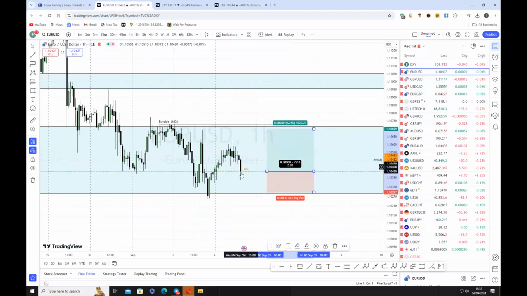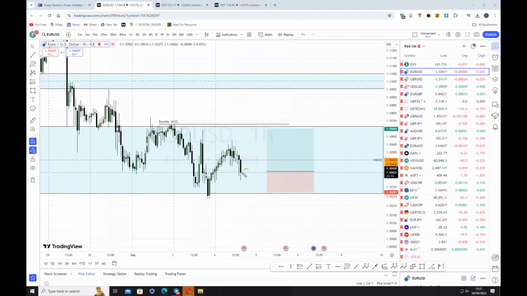So this will fuel my confirmation to kick in the buys, and probably the first target could be this high. Maybe eventually, because here we have some sort of liquidity around here. So that's what I'm looking at, partly for today. Just a short day trading setup.